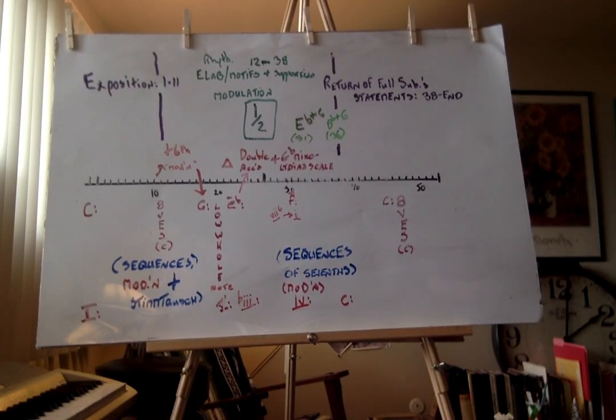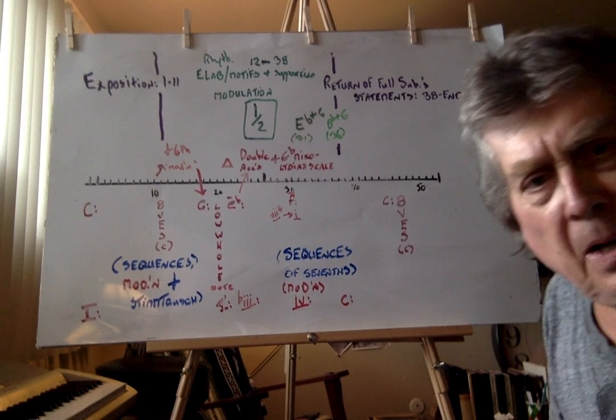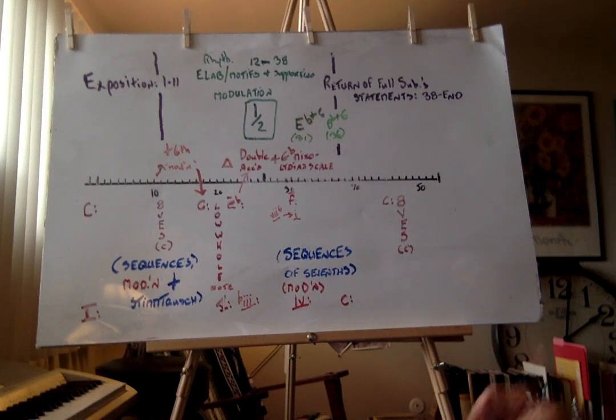Okay, so that's what happens there, and like I said, modulation is likely, and the first modulation, particularly in a major mode fugue, is likely to be, not necessarily always, but likely to be to the dominant.